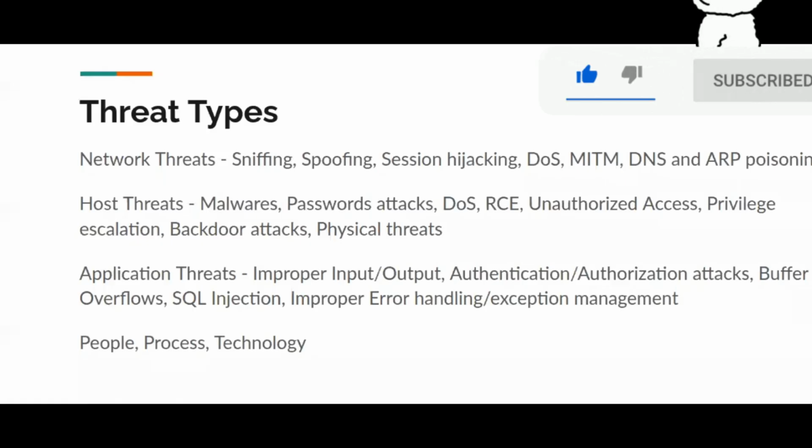As I gave you the example of privilege escalation, this kind of an attack can happen as an application threat type also. So there are buffer overflows. Say a developer did not allocate the required memory for a variable, and then that application is fuzzed with a large amount of text or input, and that is not properly handled by the developer.